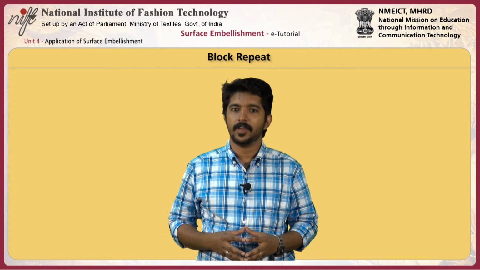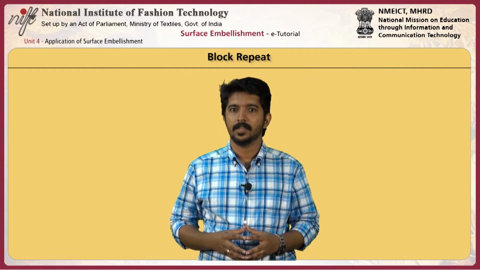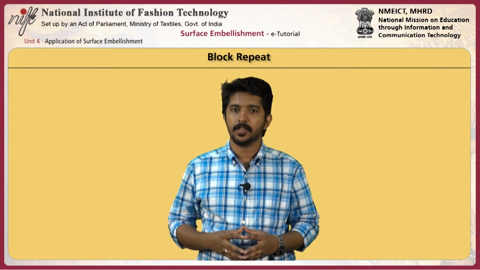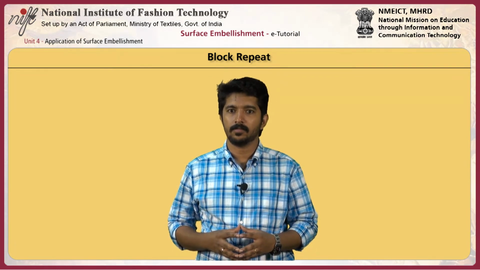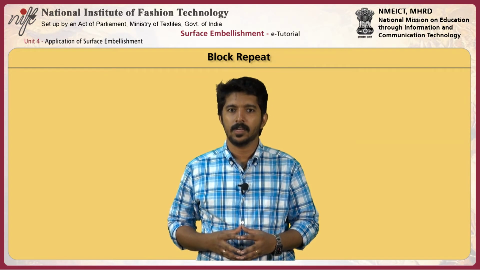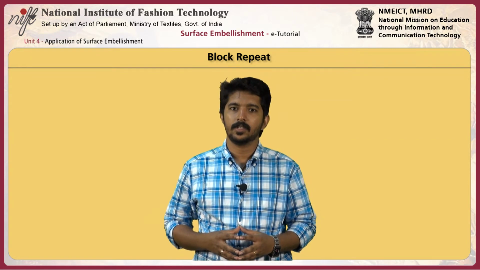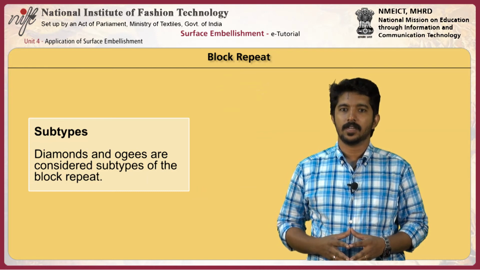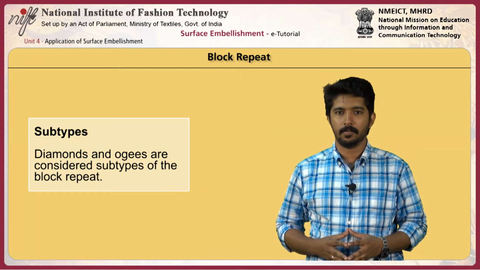There are very simple variations to the basic block repeat that add interest and flow: overlapping the repeat unit, flipping alternating motifs, or making it continuous. Think flowers connected by sinewy vines might be all that's needed to make a pleasing design. Diamonds and ogees are considered subtypes of the block repeat.